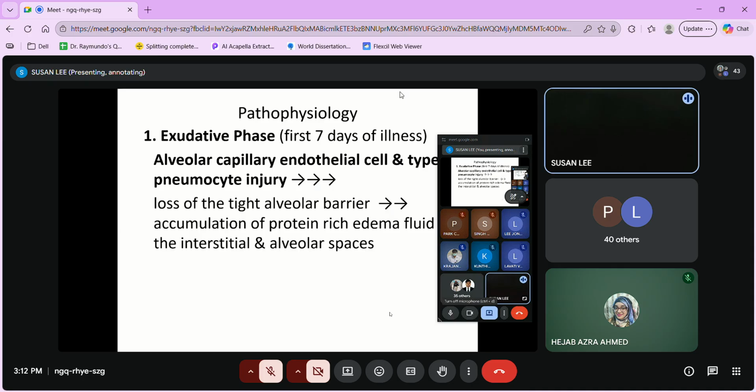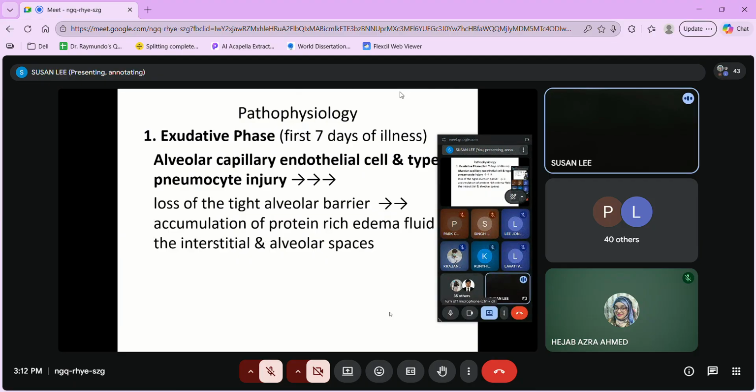This leads to accumulation of edema fluid in the lung parenchyma that is high in protein, in contrast to pulmonary edema secondary to increased hydrostatic pressure, wherein you would have a lower level of protein.